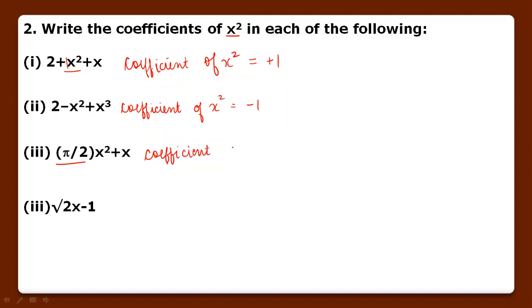Coefficient of x square is equal to pi upon 2. Now fourth part, root 2x minus 1. There is no term of x square. We'll assume that it is like this because 0 into something is 0, so it will not affect this polynomial. So we can write coefficient of x square here is 0 in this way.